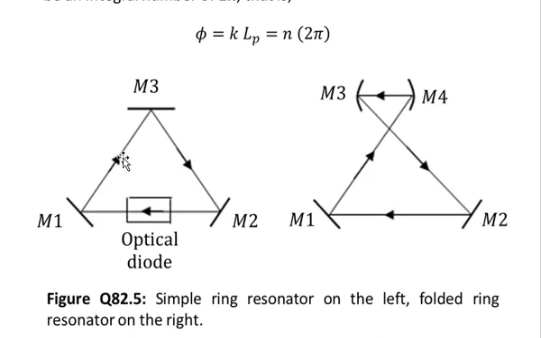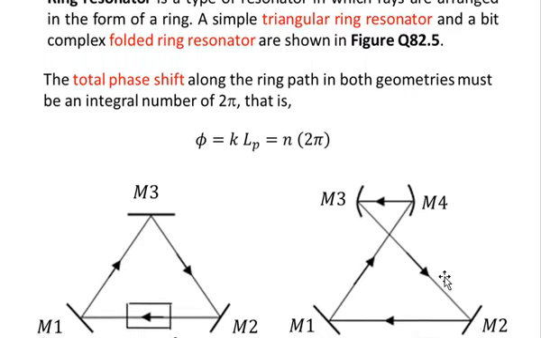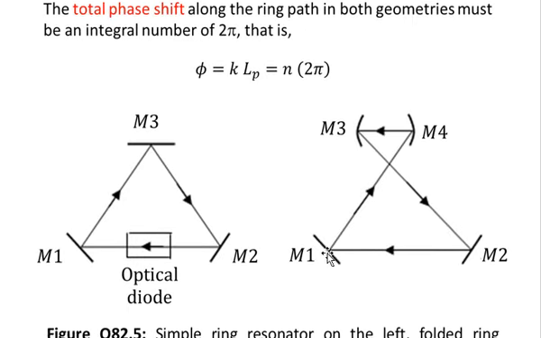So this is a ring resonator on the left, containing an optical diode in one of its arcs, and the oscillations are taking place in the clockwise direction. And on the right hand side we have a folded ring resonator. You see that it contains 4 mirrors, but the left one has 3 mirrors.